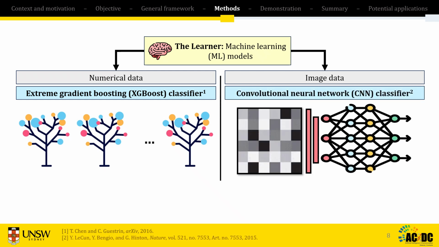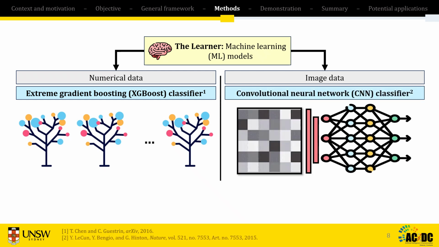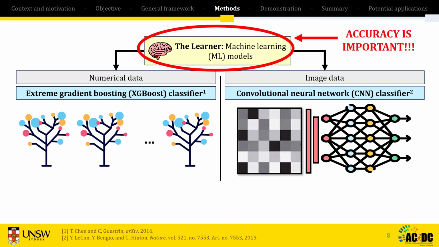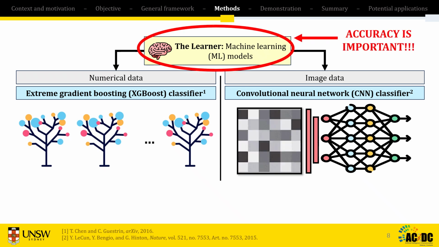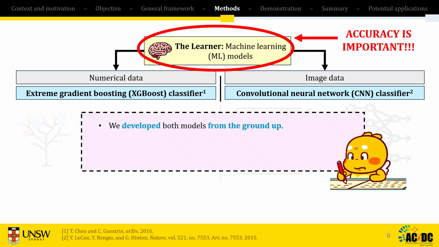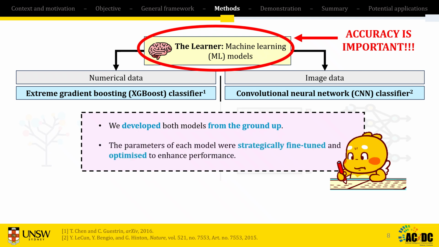And for image data, we developed a CNN classifier to analyze image features. Note that accuracy is very important to ensure that our learners give reliable results. So on top of developing these models on our own, we also fine-tuned and optimized their parameters to enhance performance.